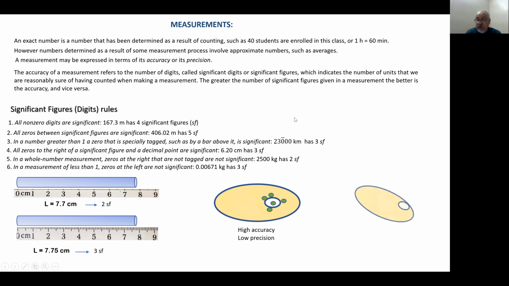Let's go to another example. It's the same target, but now look, the balls are hitting right in that spot, but far away from the target. This is the target right here. So it has a high precision, look, but low accuracy. Perfect. Now let's go for the next example.